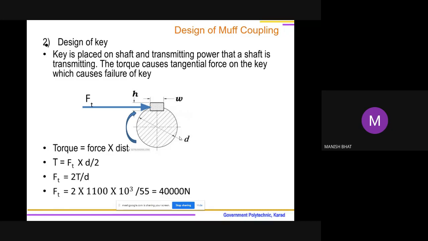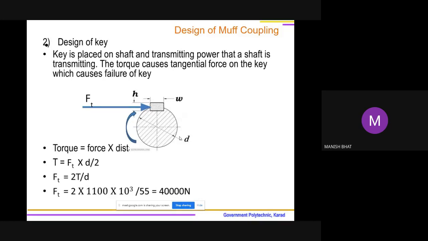From the diagram, you can find that Ft is the tangential force. The distance of Ft from the center of the shaft is the radius, that is d by 2. So we get the relation torque is equal to Ft, the tangential force, multiplied by d by 2.